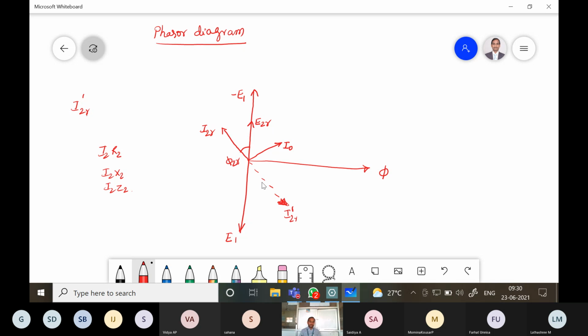Okay, now what is your I1? I1 is equal to I naught plus I2R dash. So it is the vector sum of these two. Therefore, join I naught and I2R dash, and you will get I1.